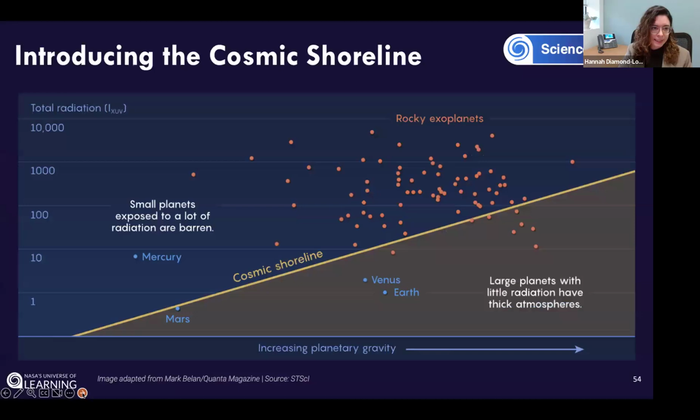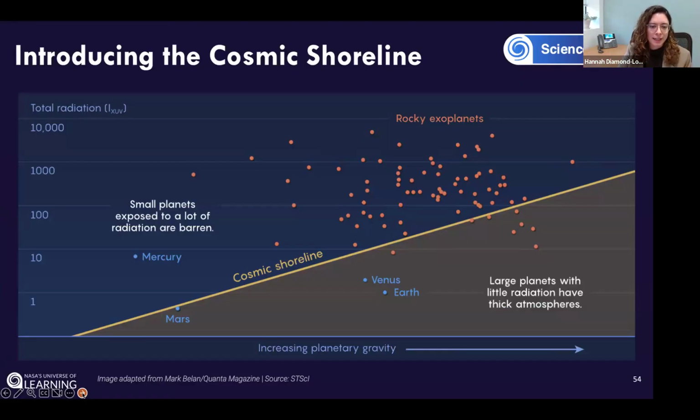The next slide, please. One option would be to just observe every rocky planet around an M dwarf, but that takes a lot of time. And as scientists, we like to have a hypothesis to work off of. So this is a framework called the cosmic shoreline.